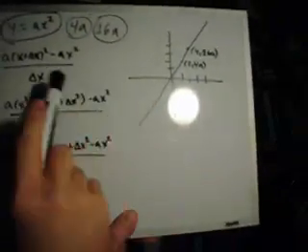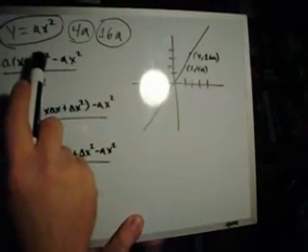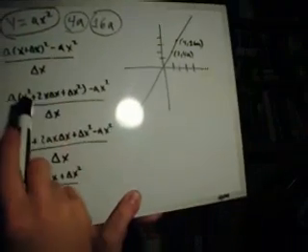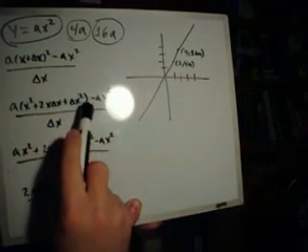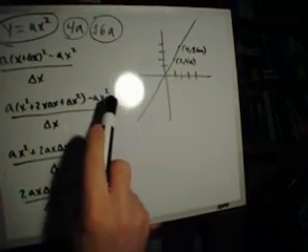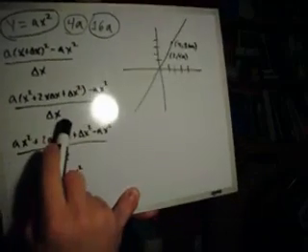Alright. So we're going to use the FOIL method once again. We're going to factor this out. We have x squared plus 2x delta x plus delta x squared minus ax squared, all divided by delta x.